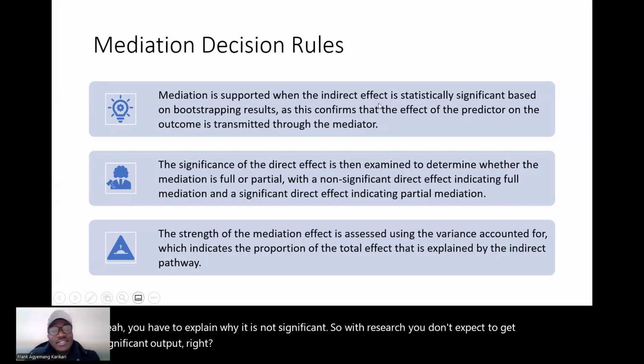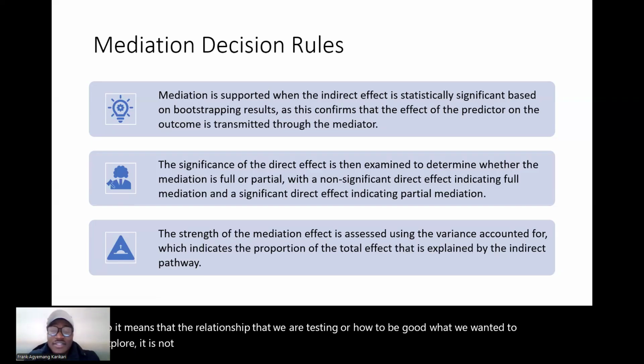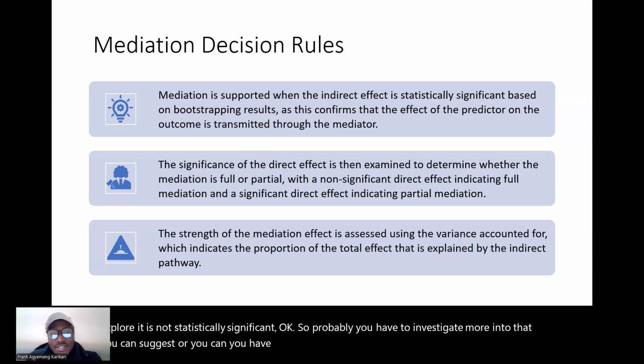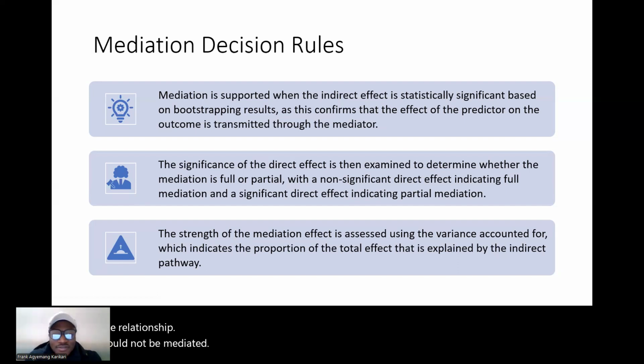So it means that the relationship we are testing, what we wanted to explore, is not statistically significant. So probably you have to investigate more into that. You can suggest, or you have to also discuss during the discussion section, why the relationship could not be mediated.